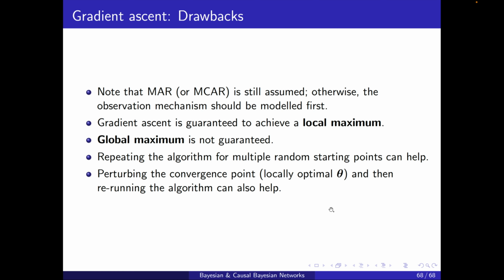Also, perturbing the convergence point, the locally optimal theta, and then rerunning the algorithm can help. In this case, we may get stuck at some locally optimal theta, but then after perturbing it, we may fall into another area, and then rerunning the algorithm may result in a better estimation.